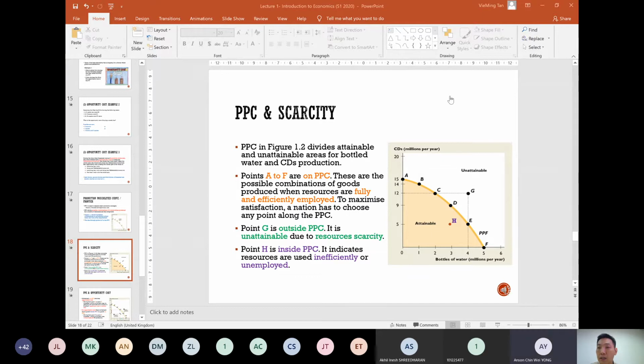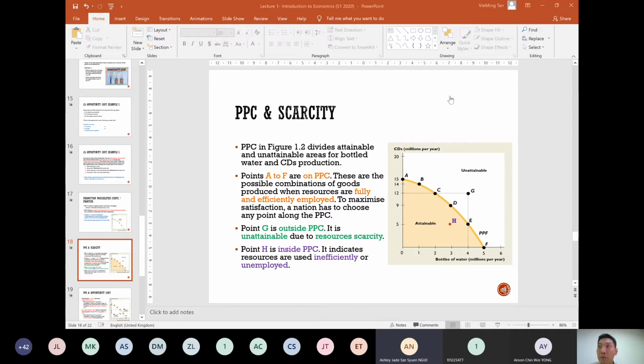Good. Then Ashley Ngui. Improve quality of labor. Quality or quantity? Quality. Quality of labor, how?